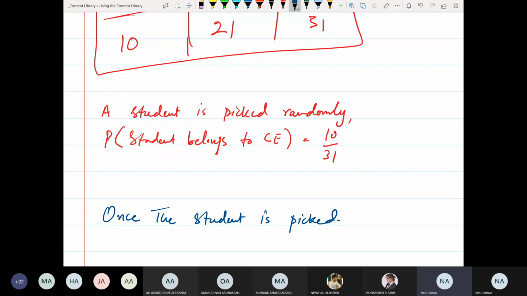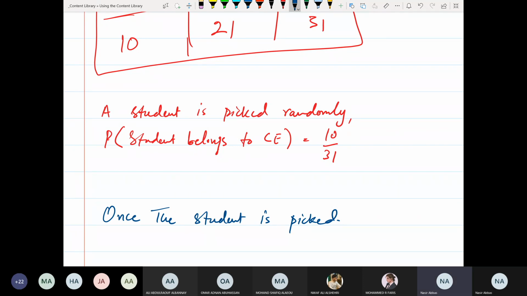Now, either Nawaf will belong to chemical engineering or he will not. Now I cannot talk in terms of probability. Once the unit is picked and the things become constant, the concept of probability goes away.